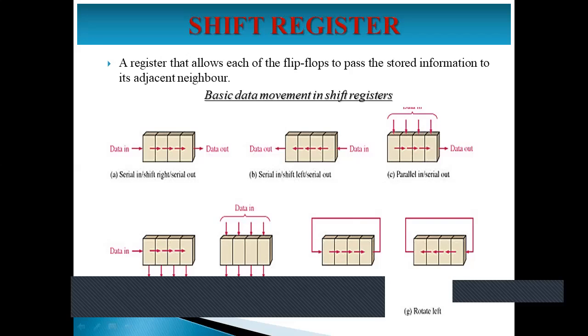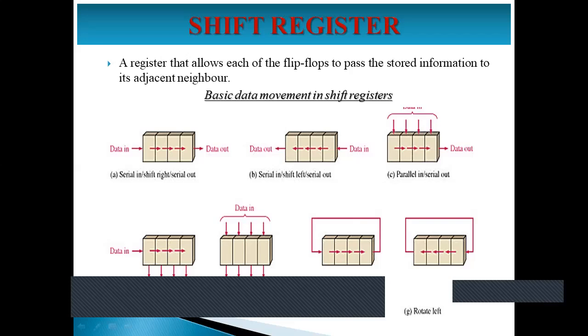So next is rotate right. See, the register shifts the data bit by bit towards the right, and as you can see it is moving bit by bit towards its right, it also rotates the data.